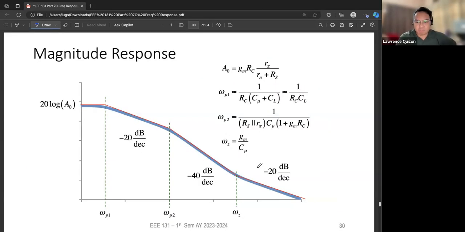So, expected magnitude response from the presence of the Miller cap, we get a 0, no? The 0 that we've seen earlier, no? And then we have the first pole, no? The original output pole, and this one, basically the referred input, no? So the Miller cap referred to the input, no?